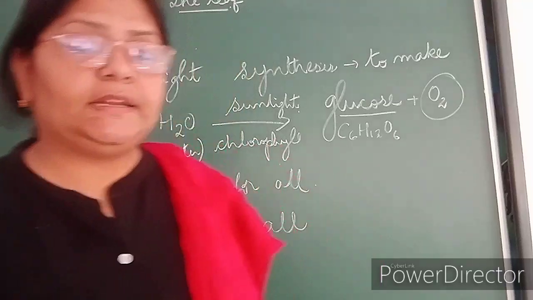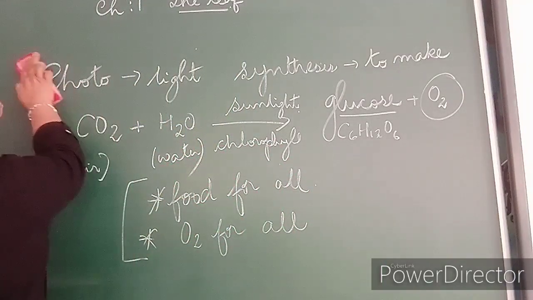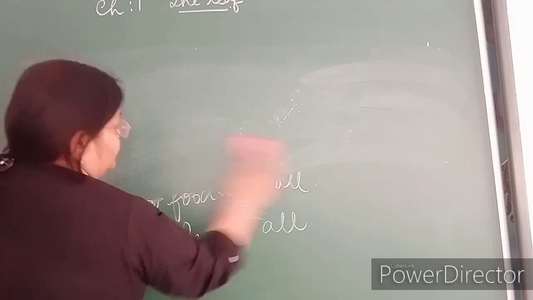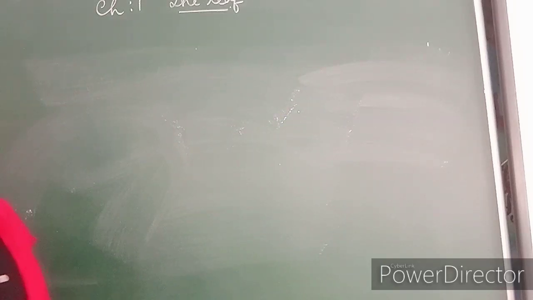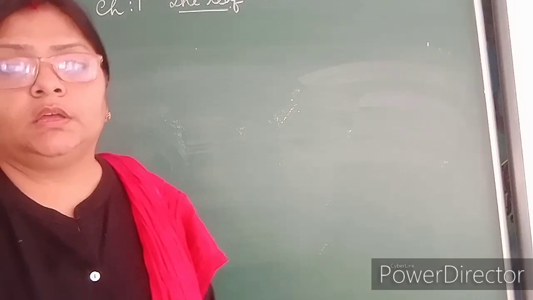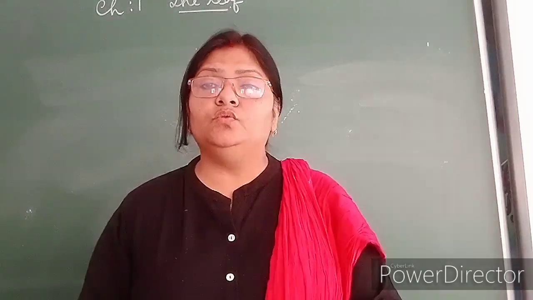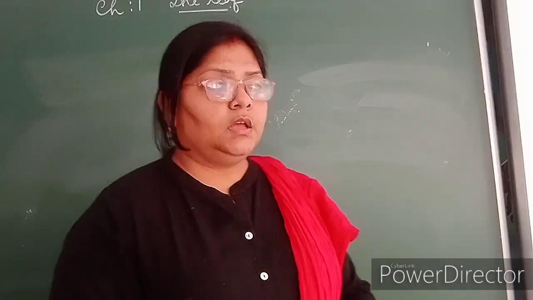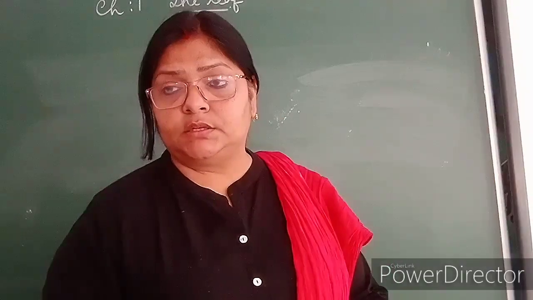The next function is transpiration. Transpiration is a process of plants by which they lose the excess water present in them. Now how does this help the plant?